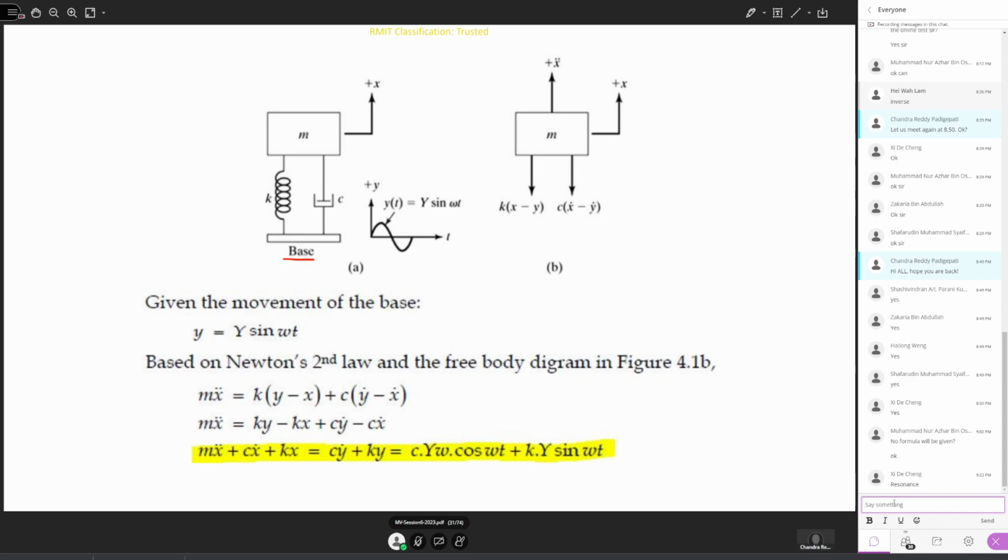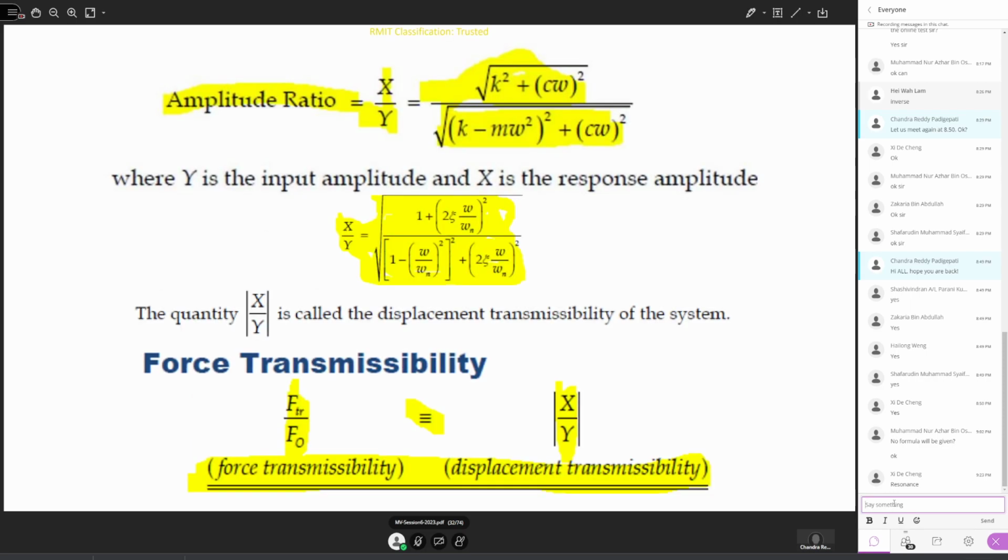Here there will be two displacements. One is the displacement of the mass, capital X, the amplitude of the displacement for the mass, and the base excitation amplitude you can call Y. When we analyze the situation, we have this amplitude ratio, which is also called the force transmissibility.